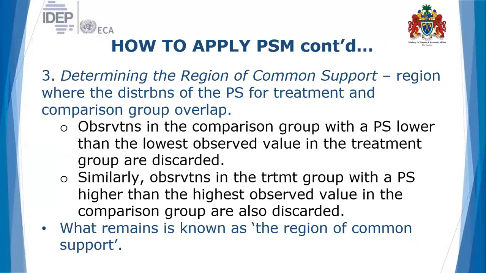Observations in the comparison group with propensity scores lower than the lowest observed value in the treatment group are discarded. Similarly, observations in the treatment group with propensity scores higher than the highest observed value in the comparison group are also discarded. Why? Because those fall outside the region of common support, or outside the overlapping space. So what remains is known as the region of common support.